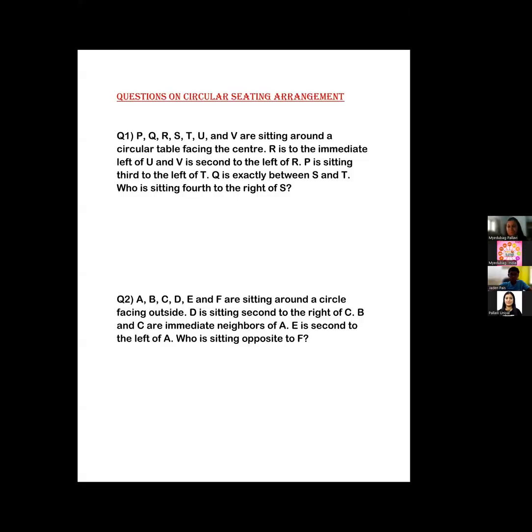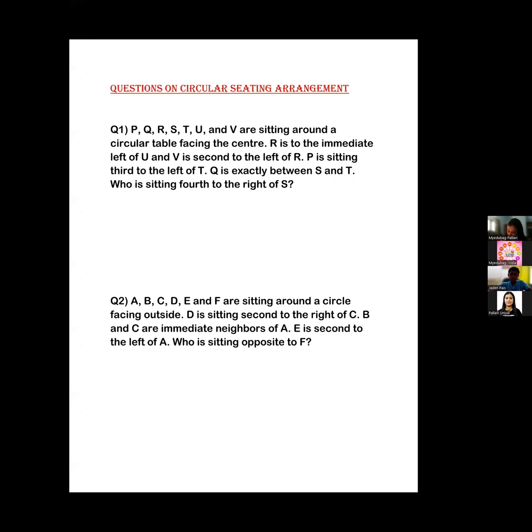Okay, so we'll start with circular sitting arrangement questions now. What have we studied in circular sitting arrangement? Any number of people will be sitting around a circle. They will either be facing towards the center or facing outside.